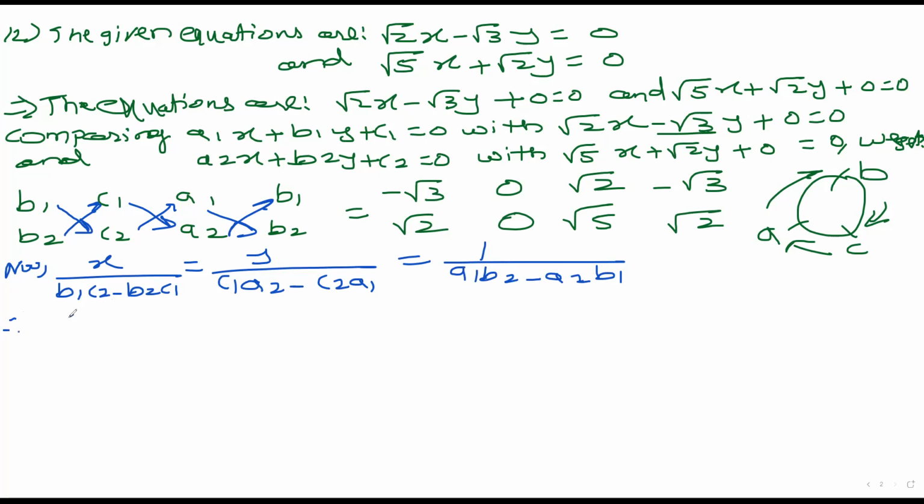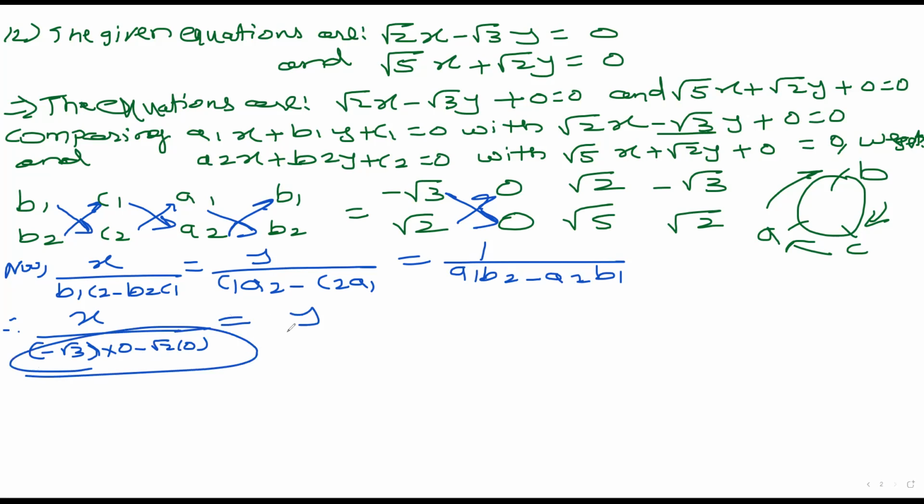So we get x upon, tell me, B1 C2. What is B1 C2? Minus root 3 into 0 and root 2 into 0. This is going to be absurd. How is it going to be absurd?